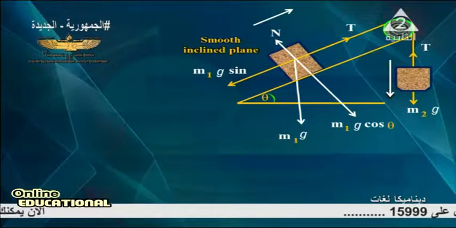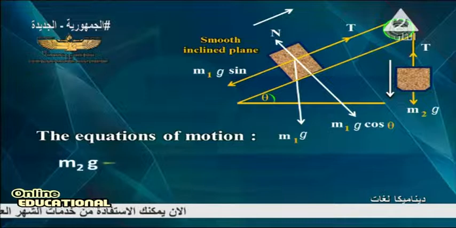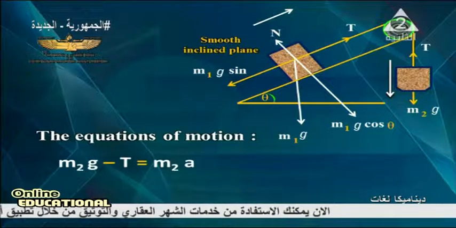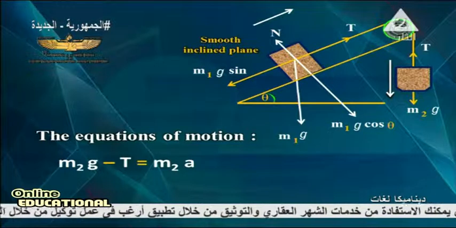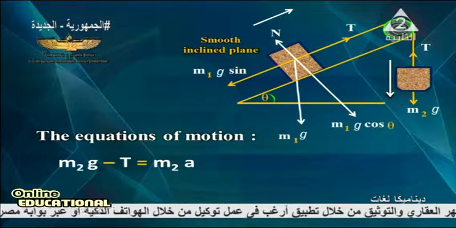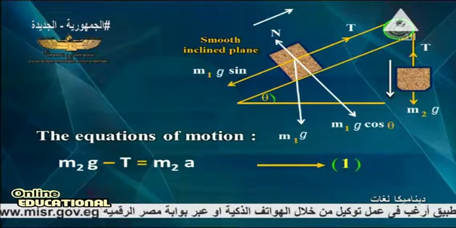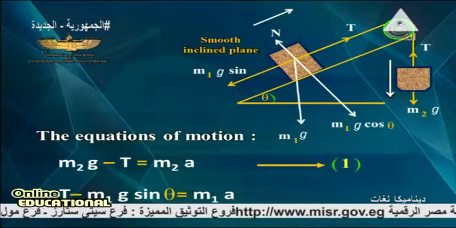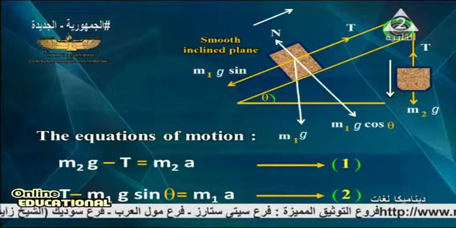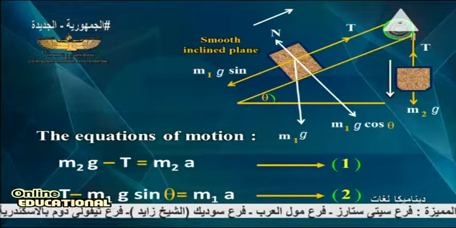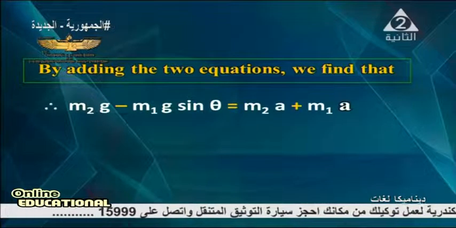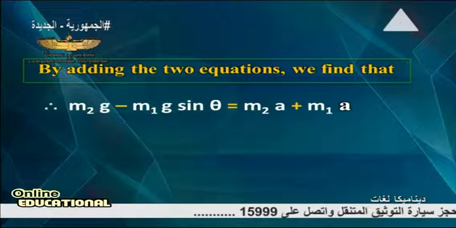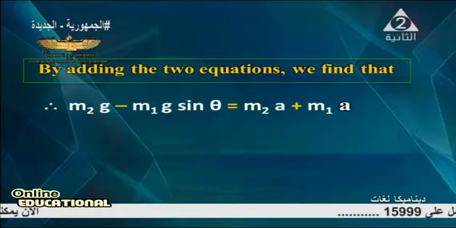The equations of motion are: the first equation, M2g minus T equals M2a, and the second equation, T minus M1g sine theta equals M1a. By adding the two equations, we find that M2g minus M1g sine theta equals M2a plus M1a.